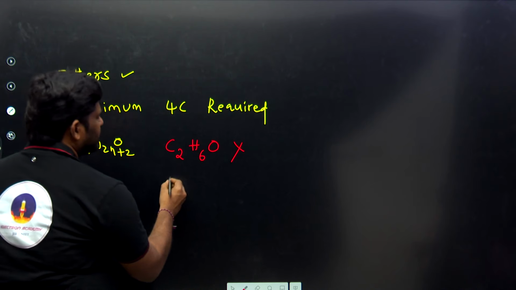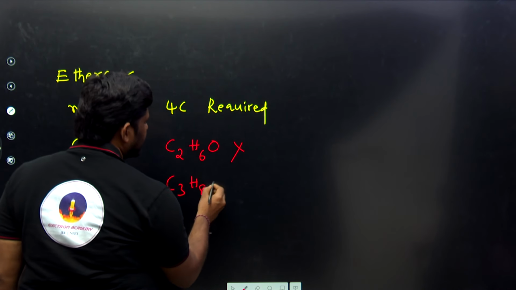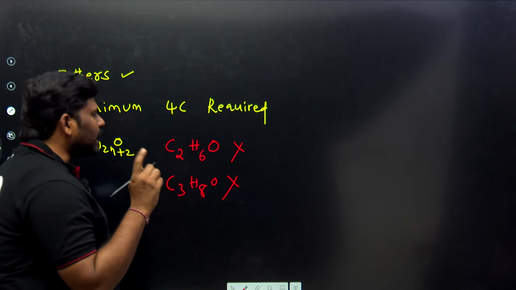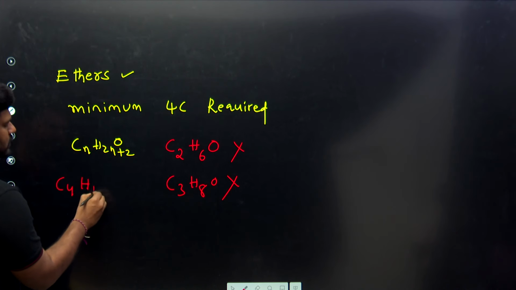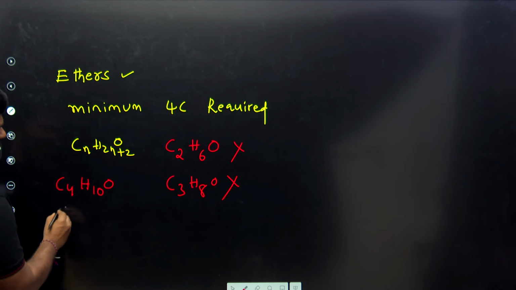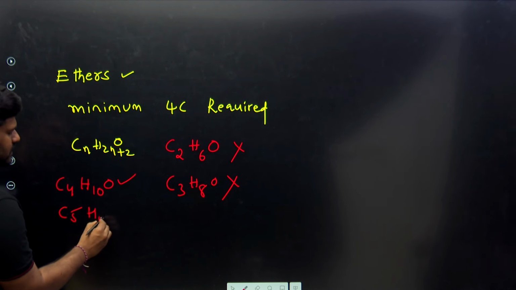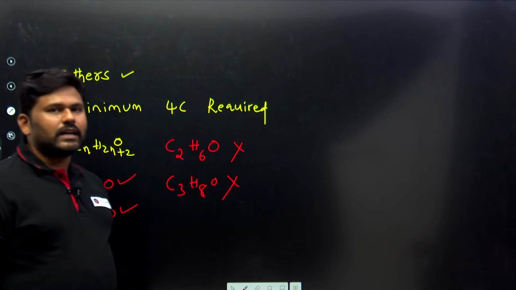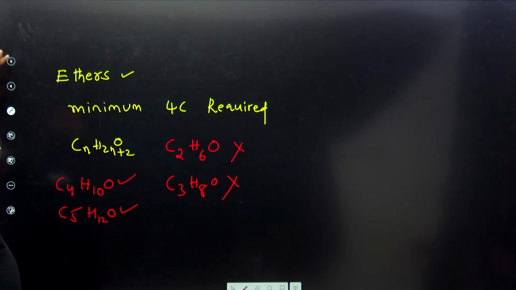Next C3: 3 twos are 6, plus 2 is 8, C3H8O cannot exhibit metamerism. From 4 onwards, C4: 4 twos are 8, plus 2 is 10, and C5: 5 twos are 10, plus 2 is 12, it exhibits. So minimum 4 carbons, then only it will exhibit metamerism. This is about the ethers.